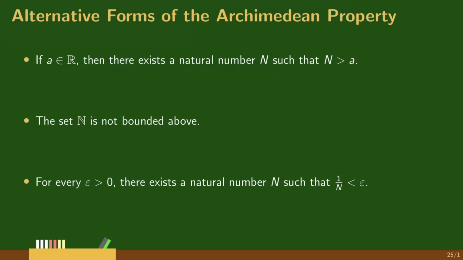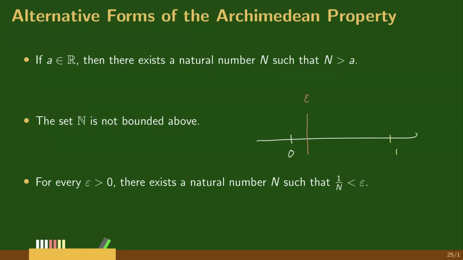Ang sinasabi nito, kapag may epsilon ka na maliit, may isang malaking natural number na n so that yung 1 over n is even smaller than epsilon. This is quite intuitive, no? Kasi if you think of this as the number line, ito yung 0, ito yung 1, and let's say ito yung epsilon mo, and that epsilon is greater than 0 pero maliit.